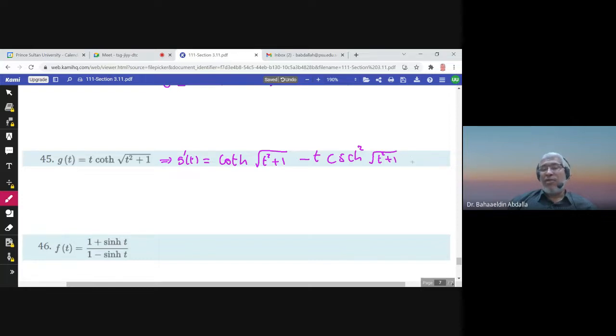Then times the derivative of the square root of t square plus 1, which is 1 over 2 times the square root, times the derivative of t square plus 1, which is 2t. So when I multiply by 2t in the numerator, this 2 would be cancelled, and t times t would be t square. So this would be the final answer.